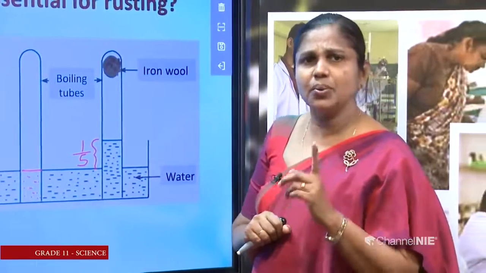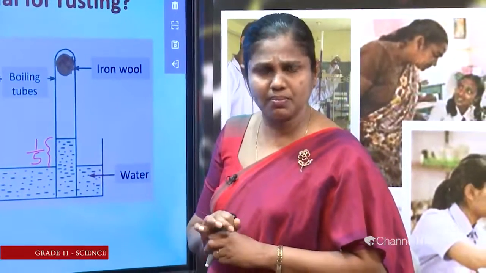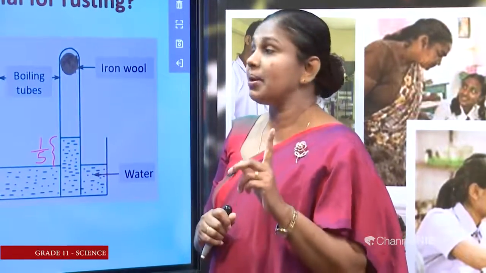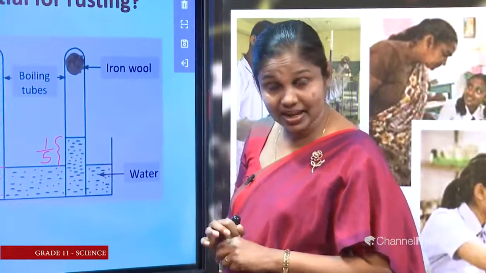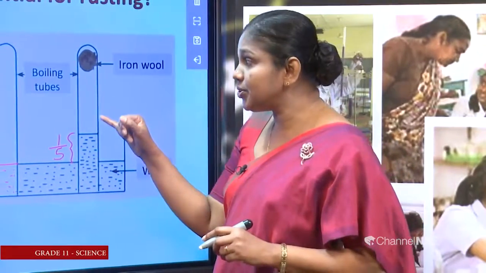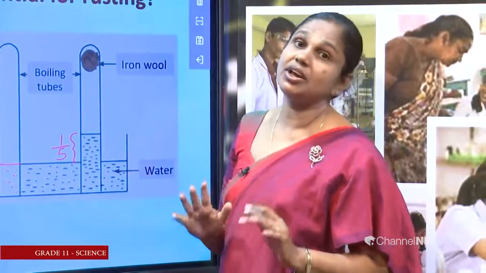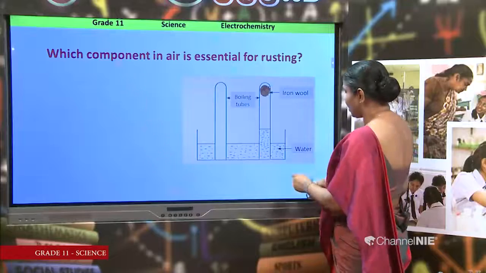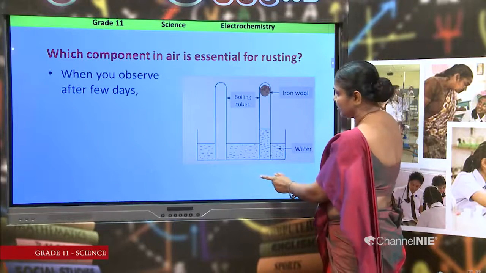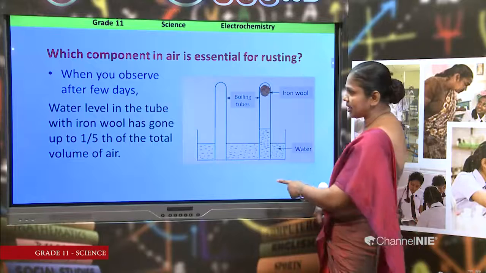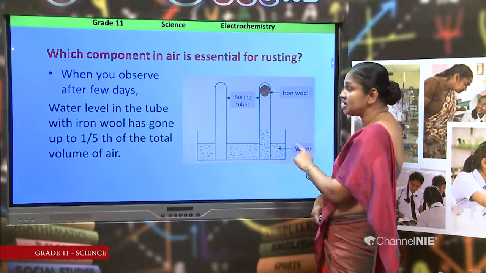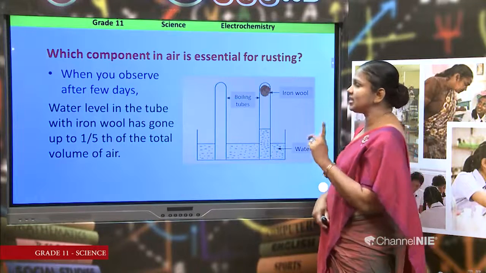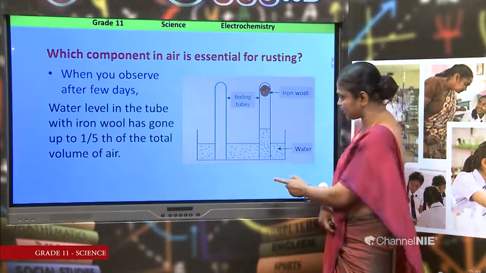Which gas has 1/5 of the total volume of normal air? That is oxygen. Because of that, we can decide this particular gas used up for rusting is oxygen. Understood, children? Right. These are the observations that I explained to you, and this is how we decide which gas is really used for rusting.